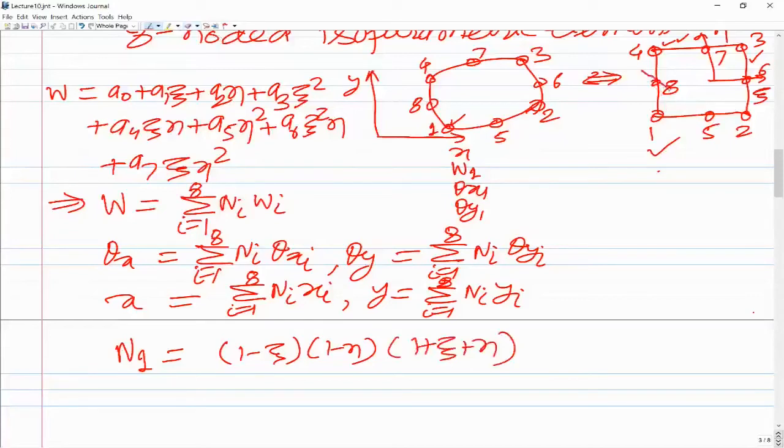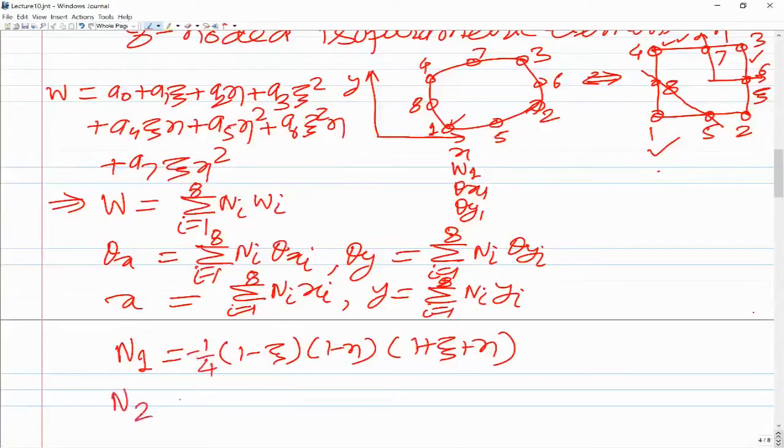And then you have to make sure that it is unity at node 1. So we put at node 1, xi equal to minus 1, eta equal to minus 1. So this will be actually minus 4, so it has to be multiplied by minus 1 by 4. So we get N1.